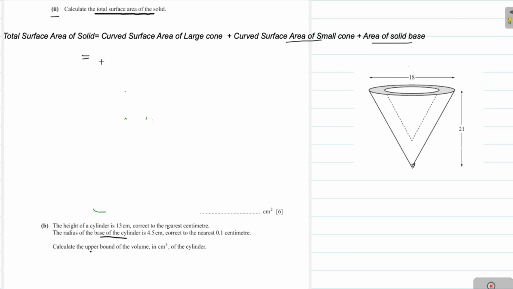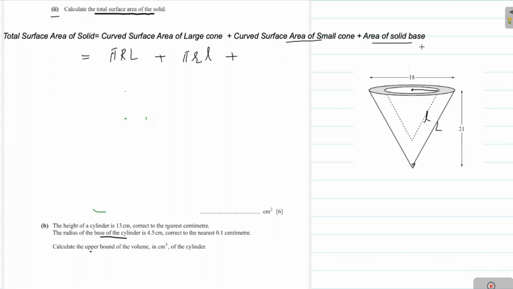The formula of the curved surface area of the large cone is pi R L. Here the radius of the large cone is capital R, and L is the slant length of the large cone. Plus the curved surface area of the small cone, which will be equal to pi small r small l, where small l is the slant length of the small cone and r is the radius of the small cone.